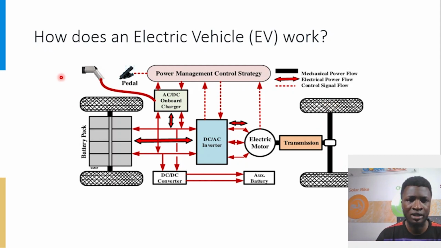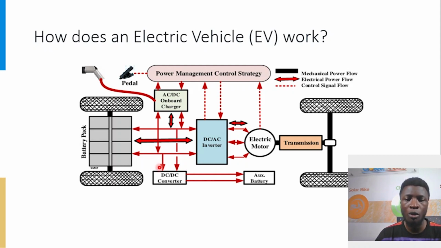Now, when you are charging this vehicle, you have an AC source or alternating current, but this battery stores energy in DC. So you need a rectifier which converts the alternating current to direct current to power this battery pack. And in a fuel vehicle, you have the alternator to charge your auxiliary battery. But in an electric vehicle, we do not have an alternator.